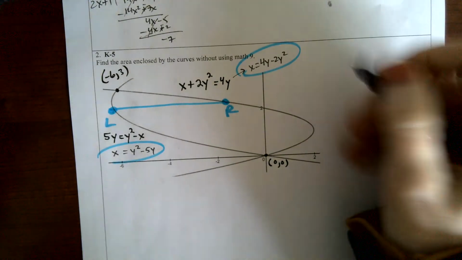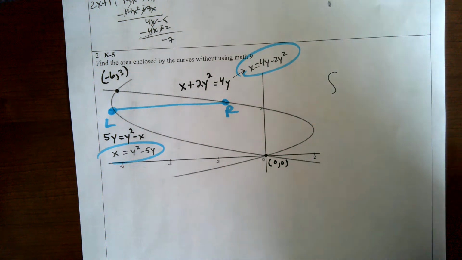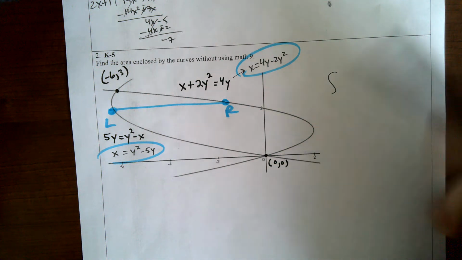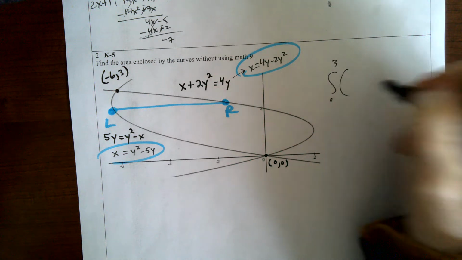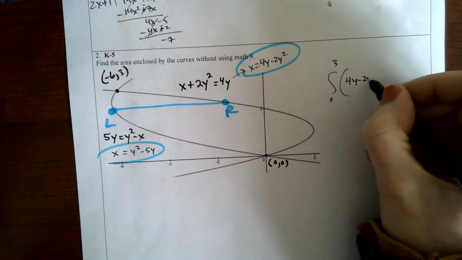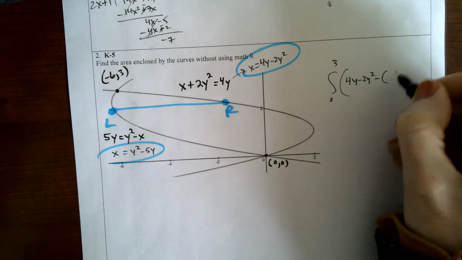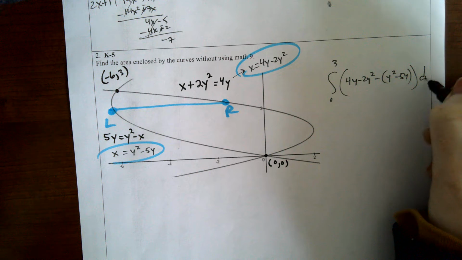Okay, so we're going to do the integral. Now, since everything is in terms of y here, we're going to go from the lowest y, which is 0, to the highest y, which is 3, and then right minus left. So 4y minus 2y squared dy.